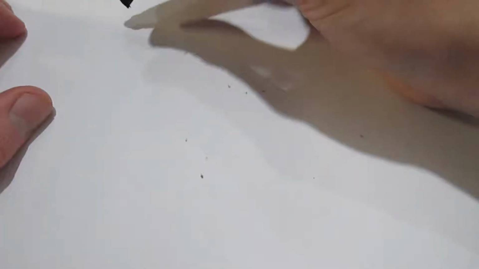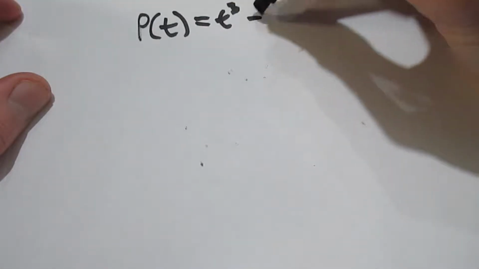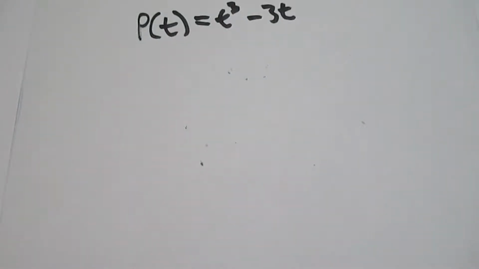So the first new problem we got here is p of t equals t cubed minus 3t, and from watching the last video you should know that is the position at any time given, whether it's seconds, and the p could stand for feet.